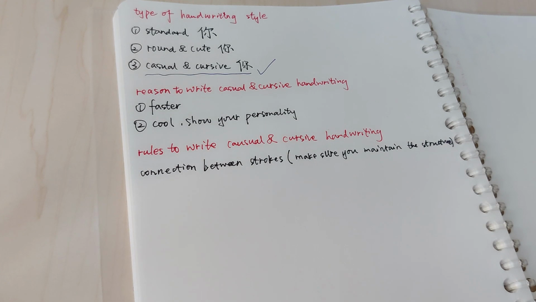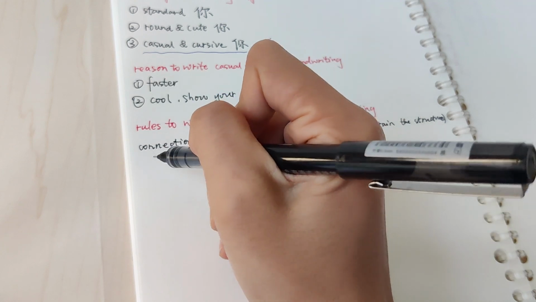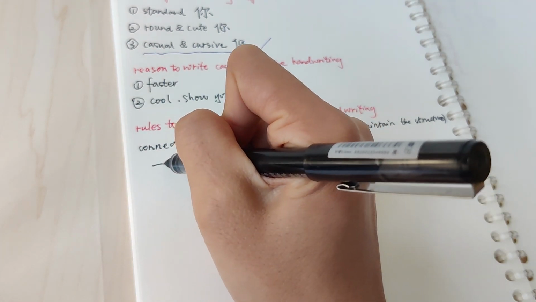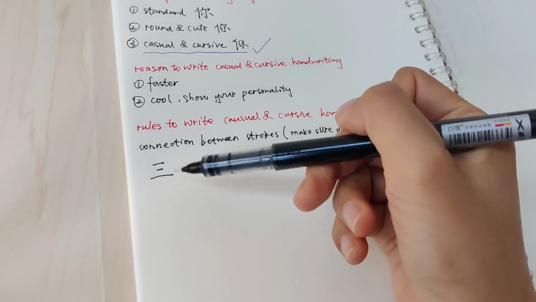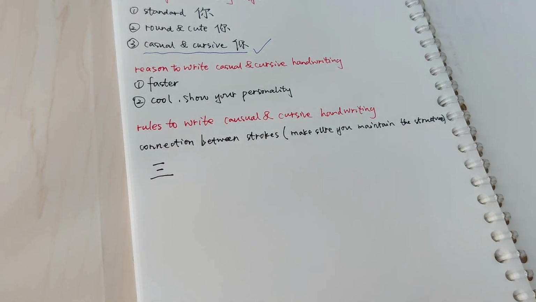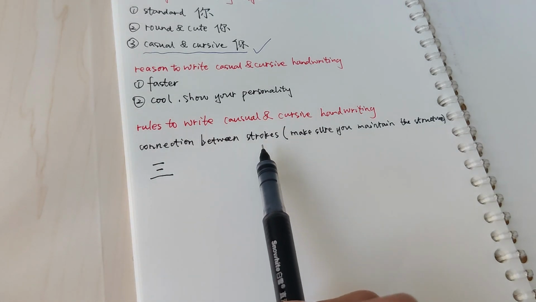Let me show you some examples. Let's write some Hanzi. For example, we write san, the 3 for Hanzi. In a standard way, we go 1, 2, 3. There are 3 strokes, okay? And now we need the connection between the strokes.